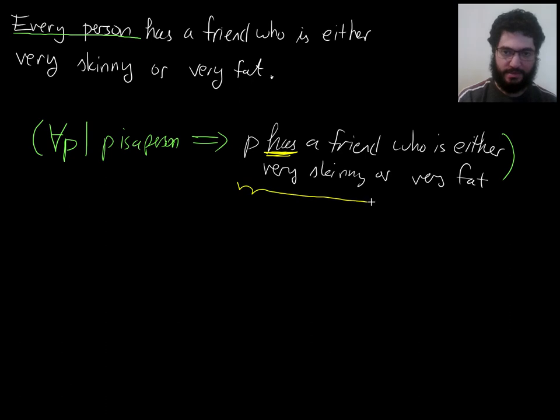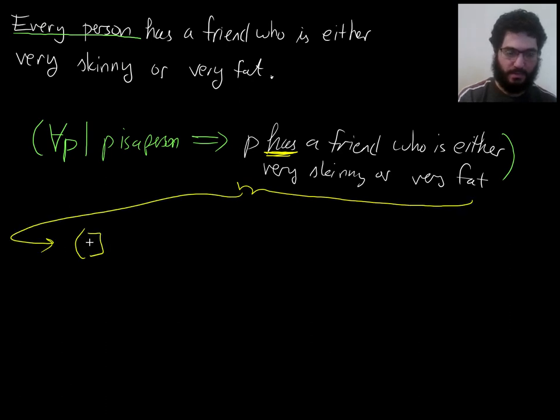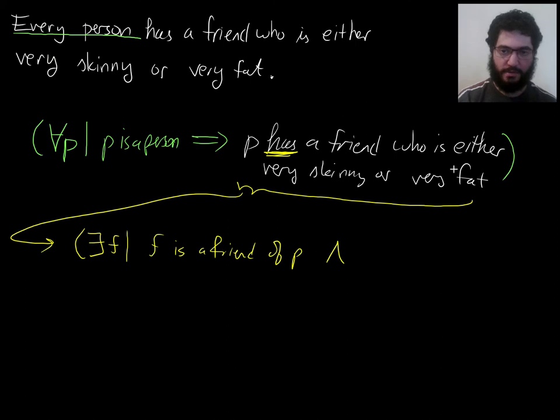For this, there exists, and then let me come up with a good variable name. I could use X or Y, but what I'm saying exists here is a friend, so maybe I'll use F. There exists an F such that F is both a friend of P and F is either very skinny or very fat.